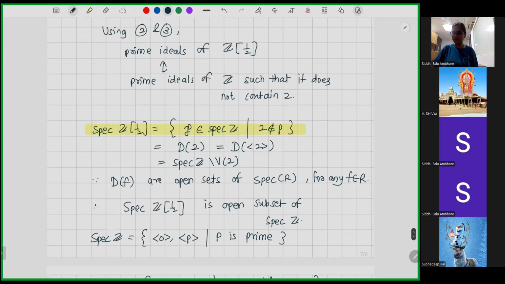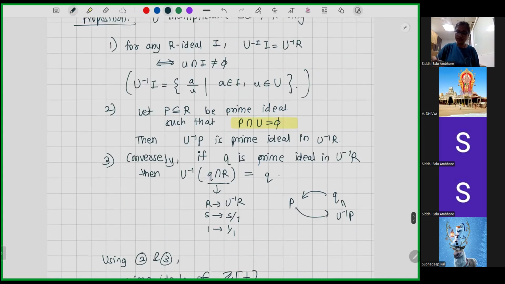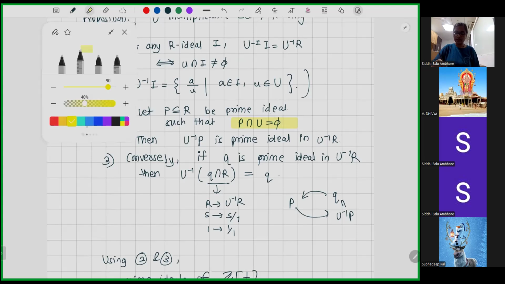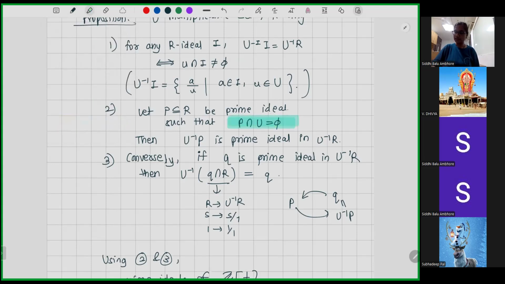Exactly, that's what this means: it should not intersect with our multiplicative set with which we are localizing the ring.